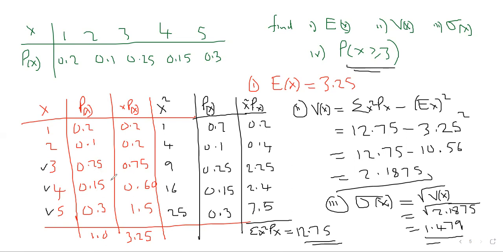When we add these, we get 0.7. This is how we use our discrete random variables.